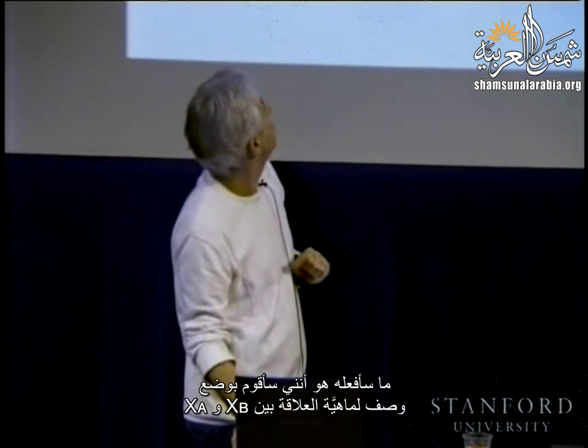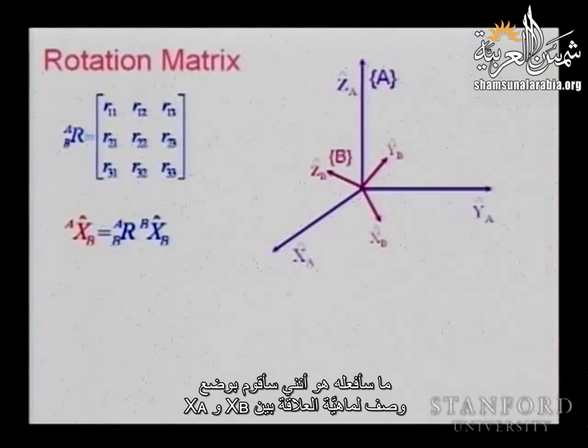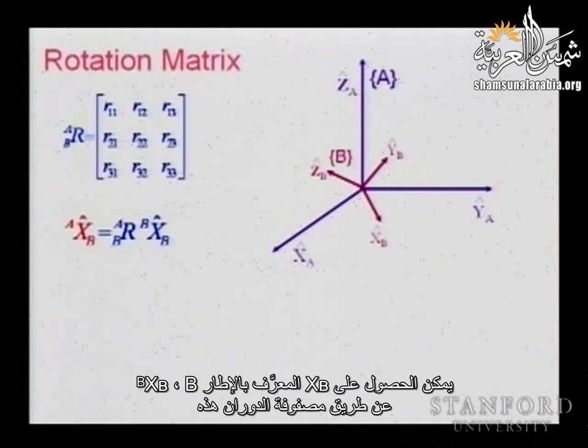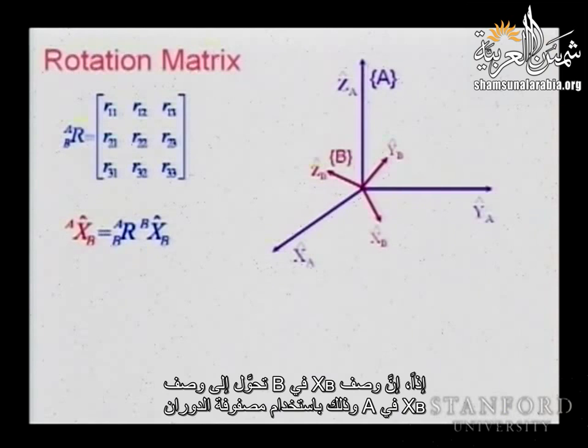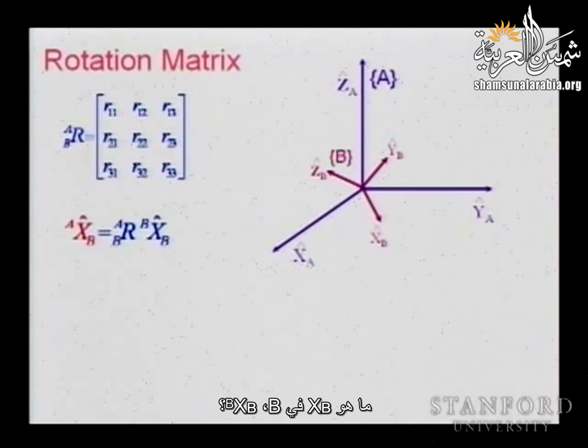So what I'm going to do is state a description of the relationship between this vector xb and xa. xb defined in frame B is obtained by this rotation matrix, and the resulting vector is xb in frame A. So the description of xb in B is now transformed into a description of xb in A using the rotation matrix.